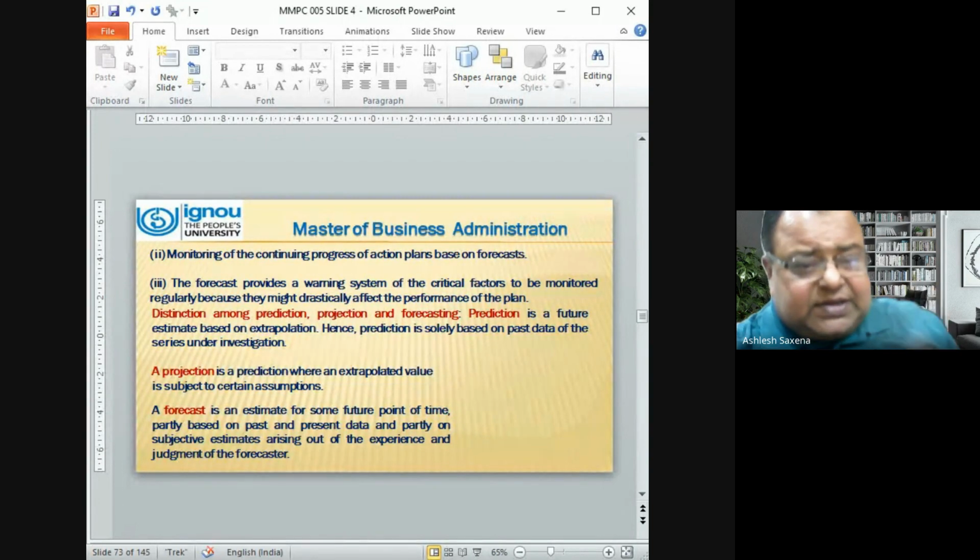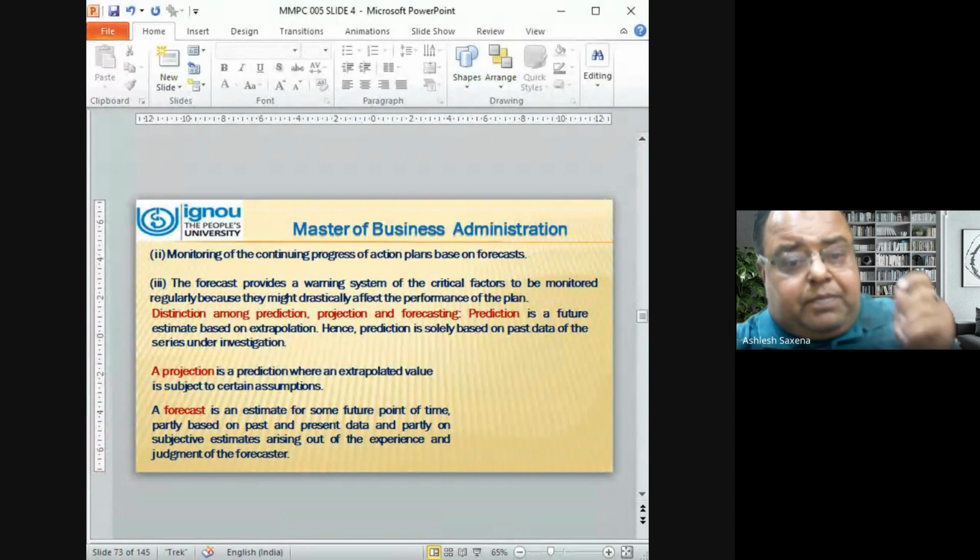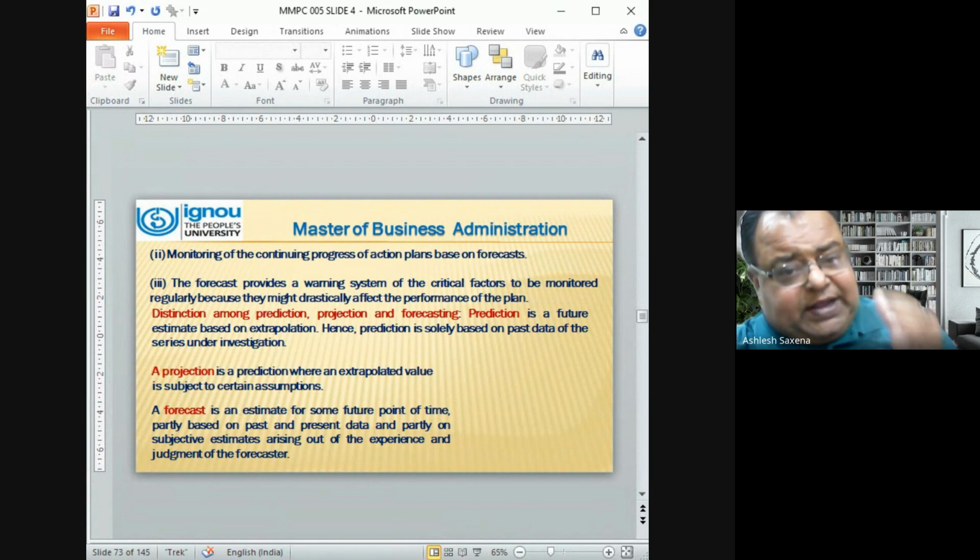Now, what is the distinction between prediction, projection, and forecast? First of all, we will take prediction. Prediction is a future estimate based on extrapolation. Hence, prediction is solely based on past data of the series under investigation.